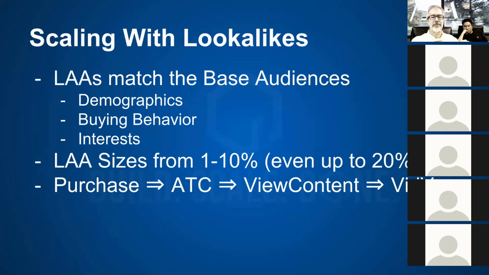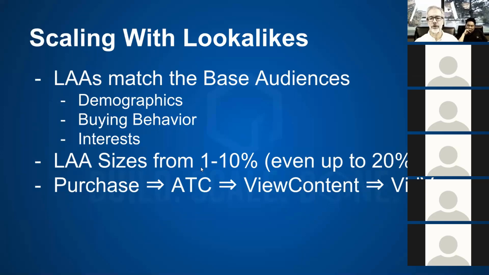Another way of widening out, stretching out the audience and the reach, so that you don't keep hammering the same audiences with the ads, is to move to view content and to video view. You can also move from the 1% to the 10%.